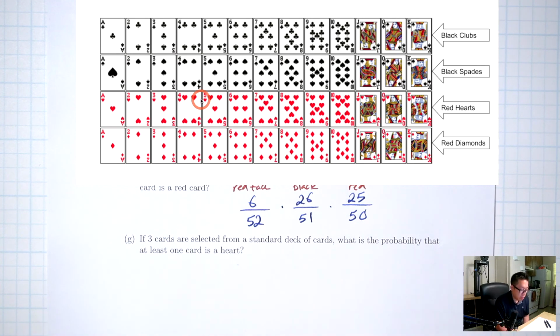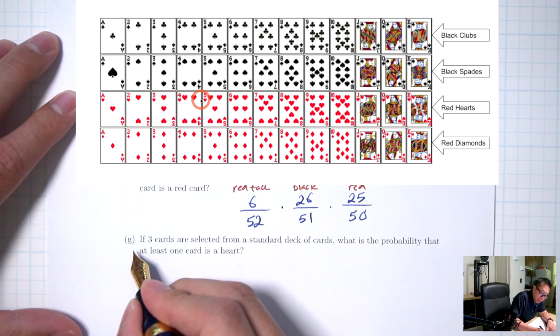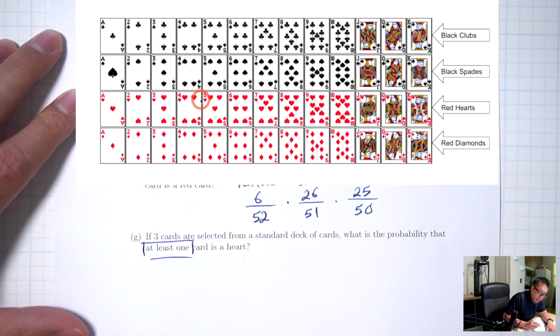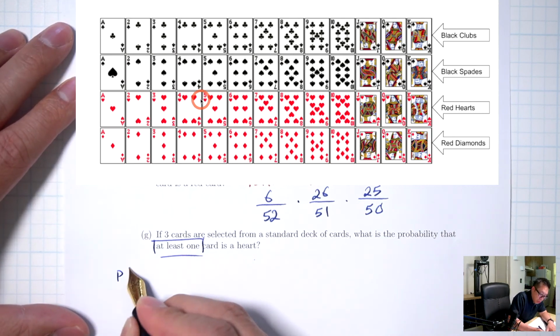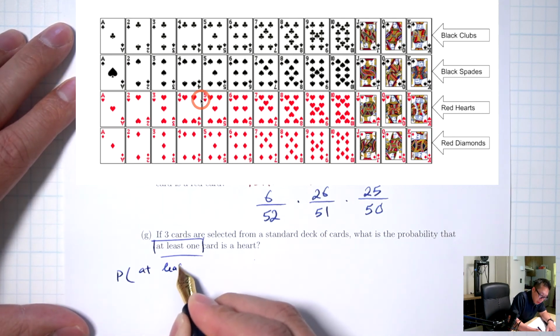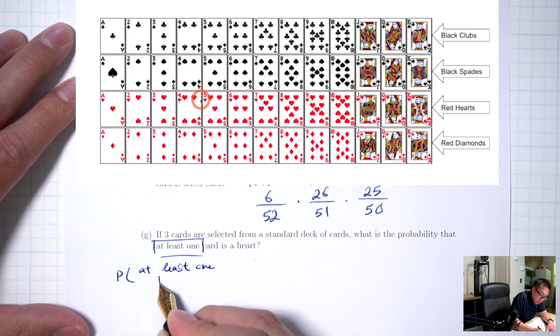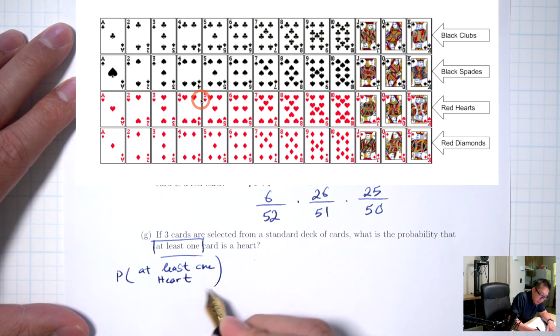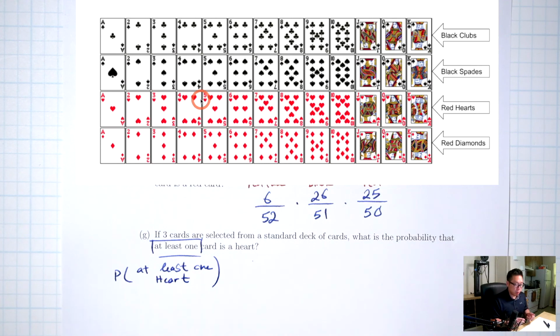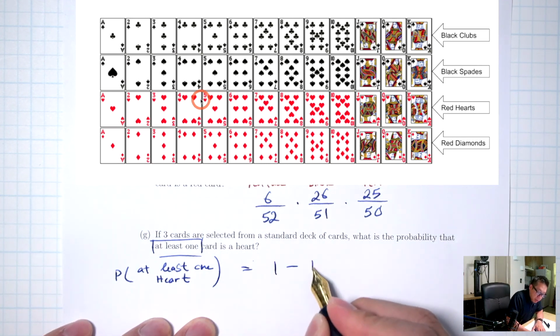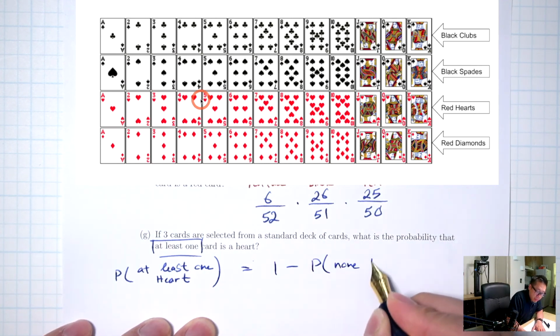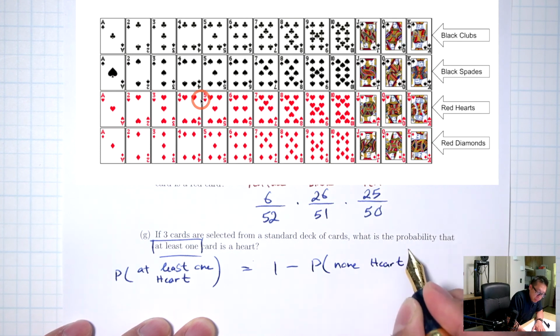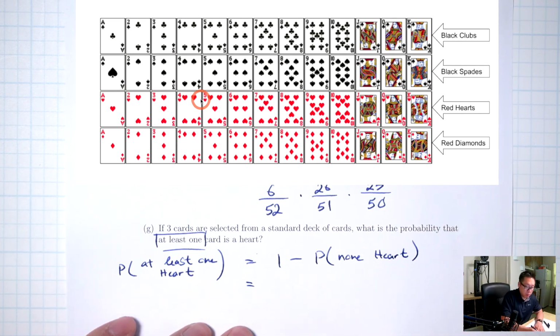G. If 3 cards are selected from standard deck of cards, what's the probability that at least 1 card is heart? Okay, keyword, at least 1. So I want at least 1 heart. And the way you deal with at least 1 is you do 1 minus none. All right, so it's going to be 1 minus, and then decide how many fractions you need.